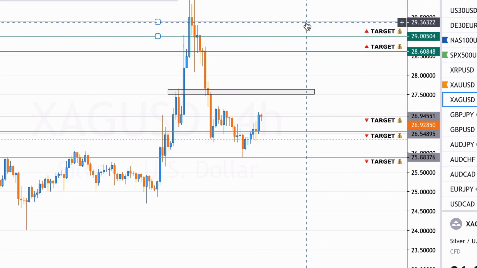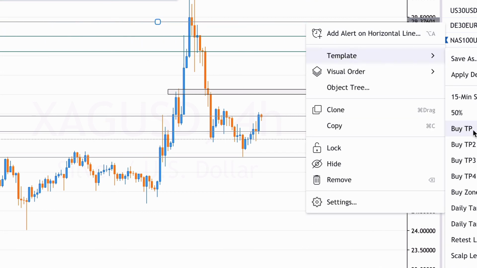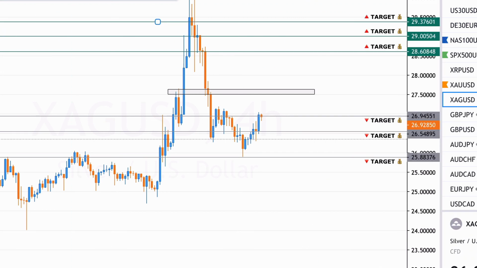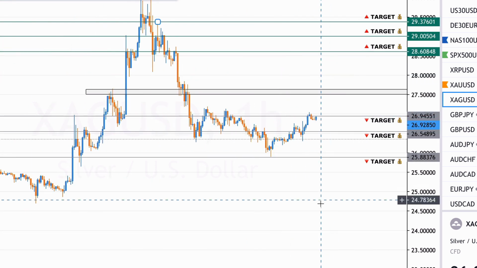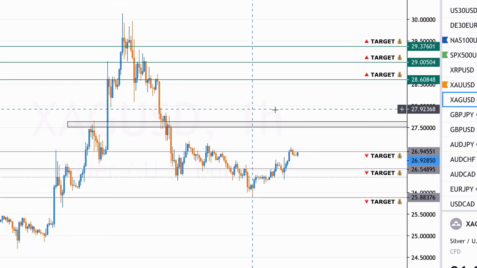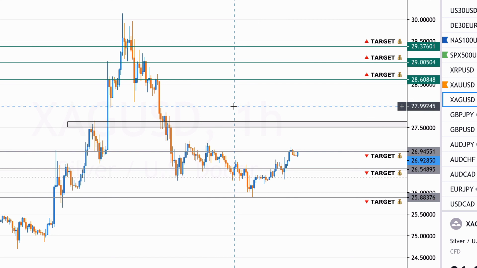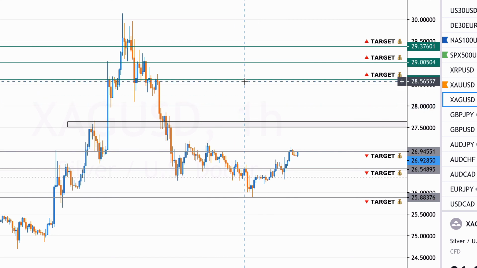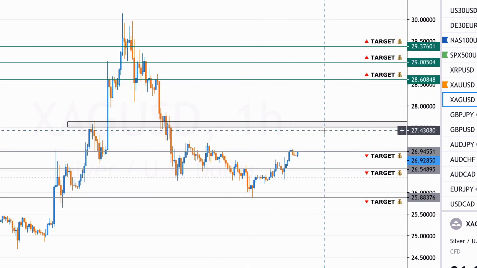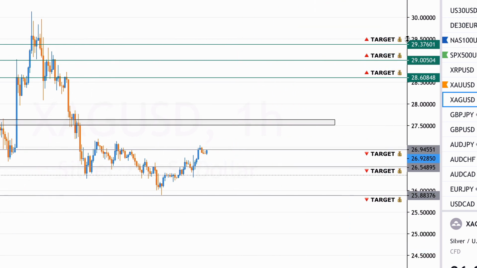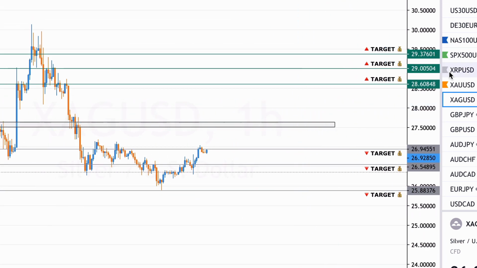And this is on the 4 hours, so you can drop down to the 1 hour and the 15 for intermediate targets. But I just like these. So the gray is your key area for silver. We'll leave that just like that.